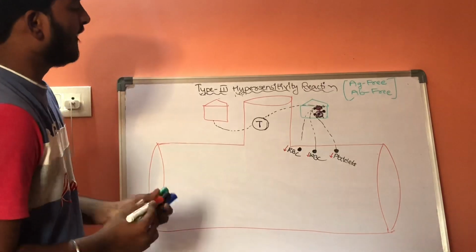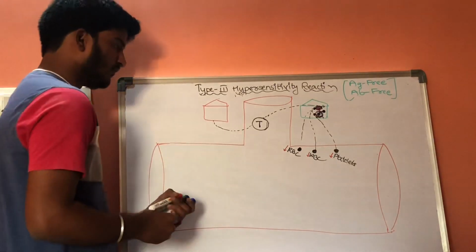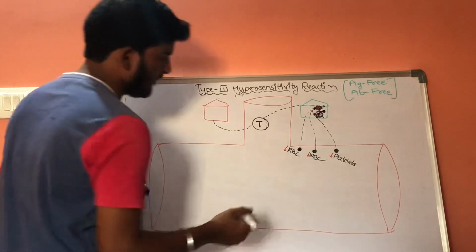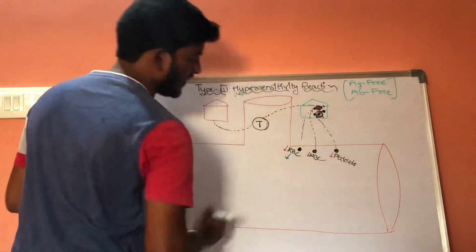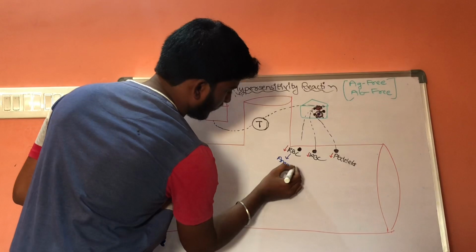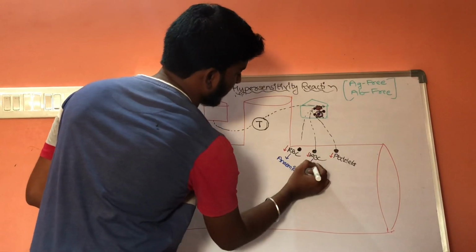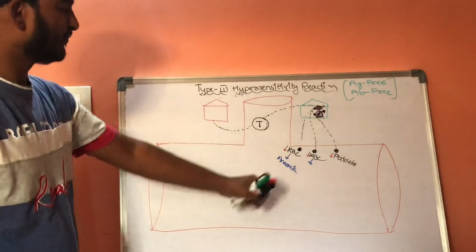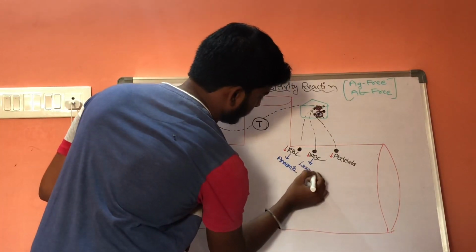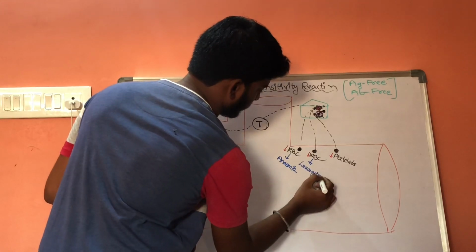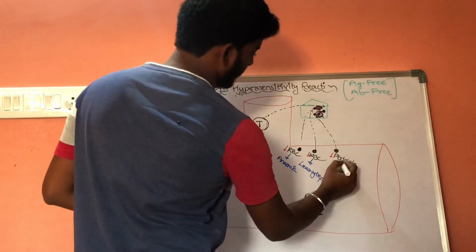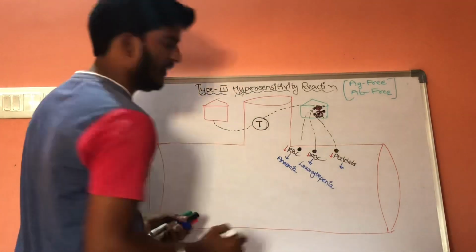Whenever the RBC count, WBC count and platelet count are decreased, a decreased RBC count results in anemia, a decreased WBC count results in leukocytopenia, and a decreased platelet count results in thrombocytopenia.